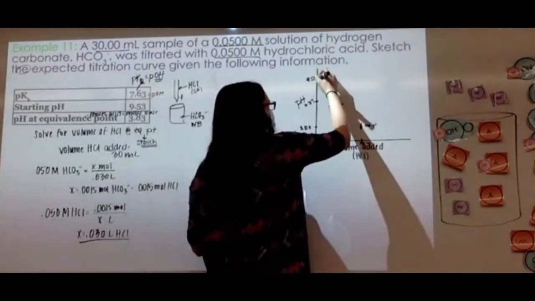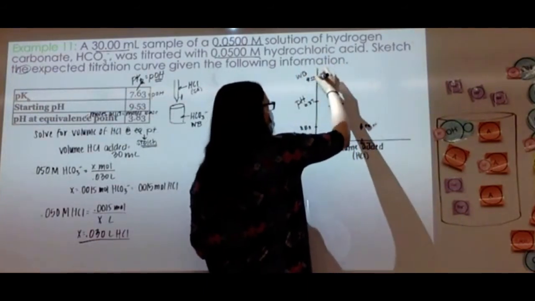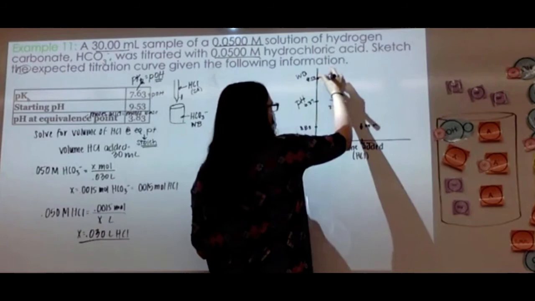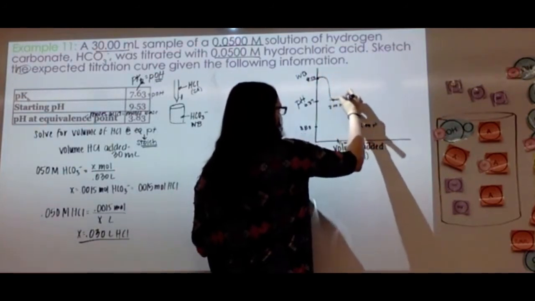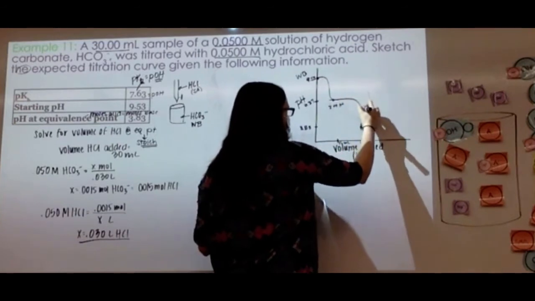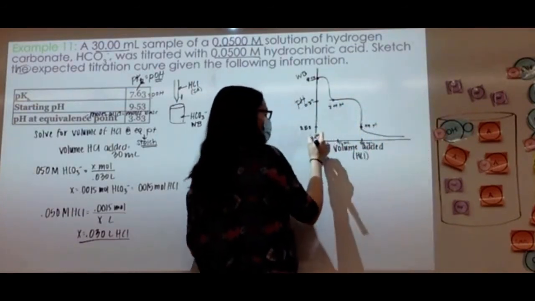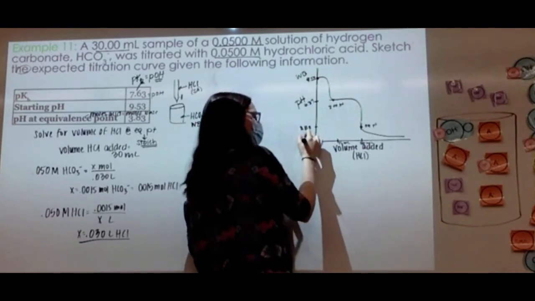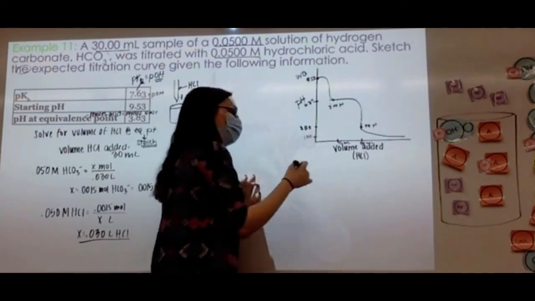So I'm going to start up here. Because this is a weak base, strong acid titration, we're going to have a little bit of a curve to start. We're going to come down through the half equivalence point, straight down through the equivalence point. And because this is HCl, I would say maybe ending at a pH of 1 or 2.